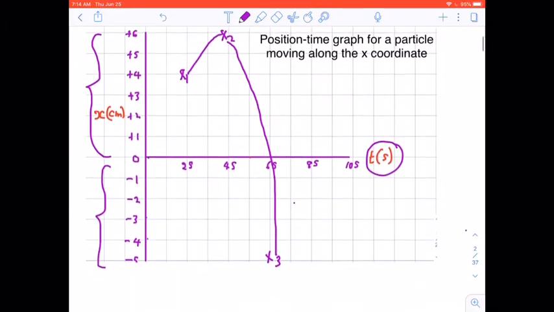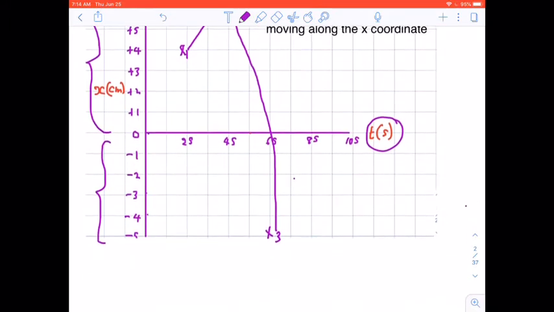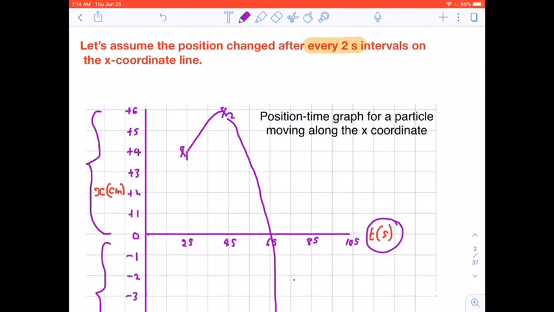And if we look at this, we'll see that here, there, the particle or the object reverses direction.